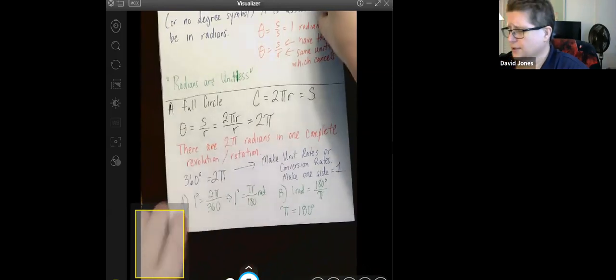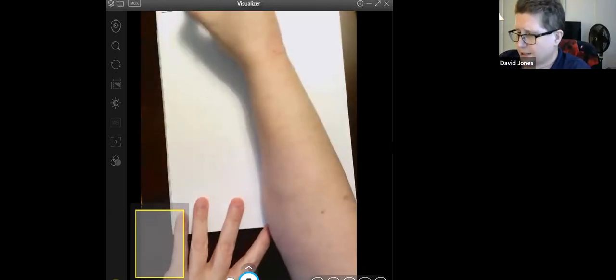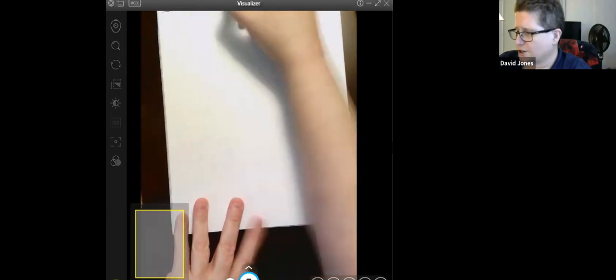Let's do some examples. So we're going to convert. Let's start off converting degrees to radians. You're used to working with degrees. Let's start shifting them over.